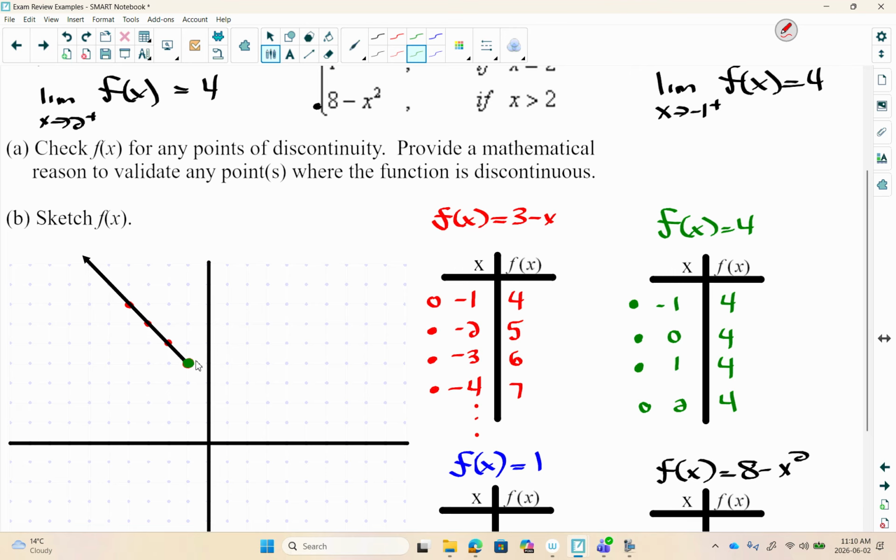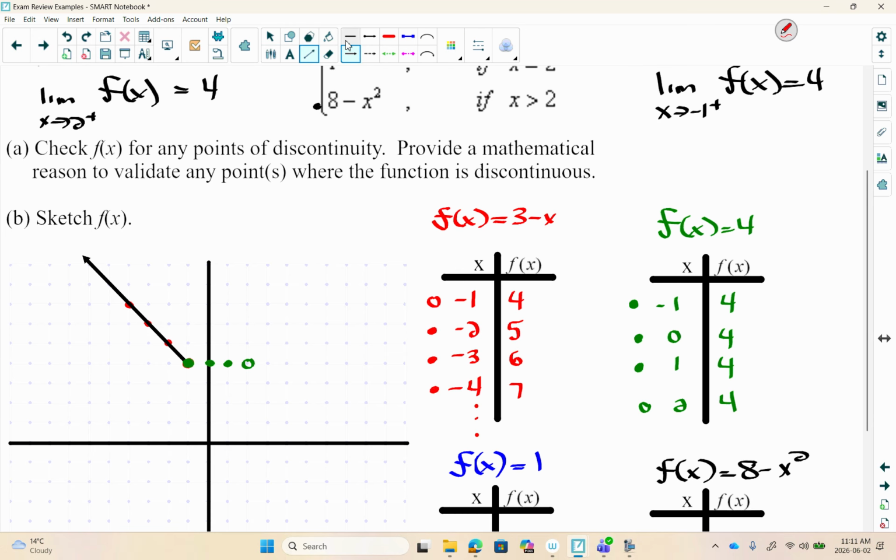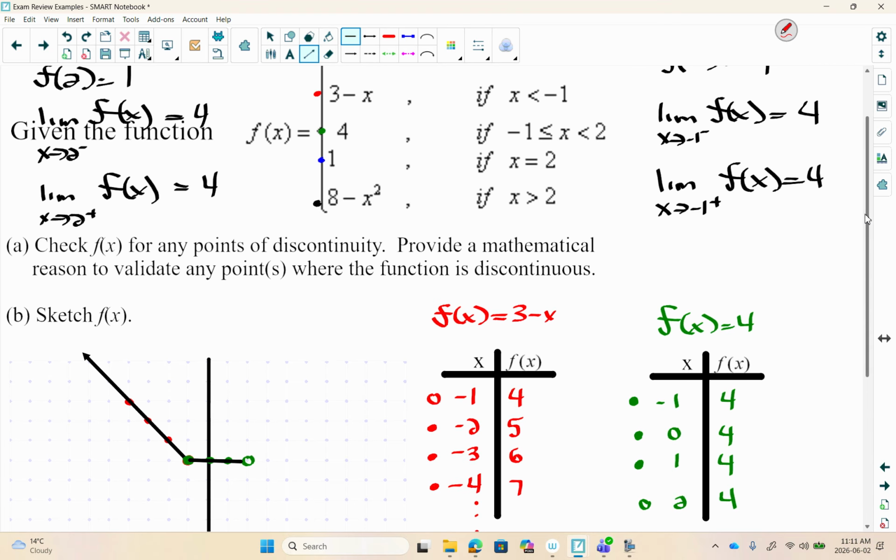A closed dot fills in an open dot. An open dot on top of a closed dot doesn't open it up. It remains closed. 0, 4, 1, 4, and 2, 4. And I join those with a straight line or a line segment. There's no arrow on either end. It doesn't go to the left of -1 or to the right of 2. Not that particular section.